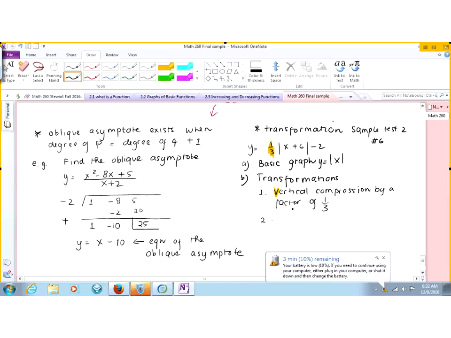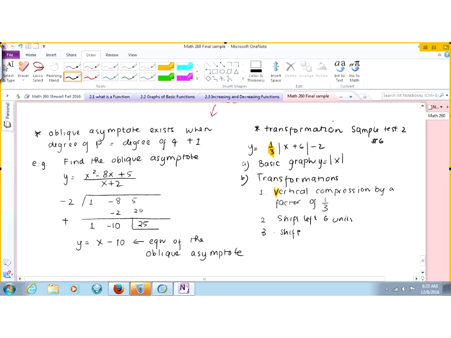Now, what does plus 6 do? Shift what? Where? Shift left 6 units. Okay. And then, what does negative 2 do? Shift down 2 units.